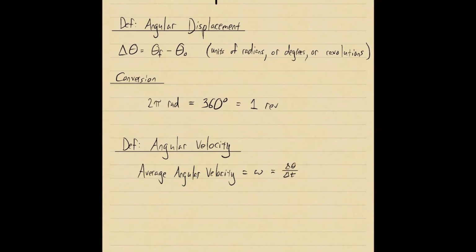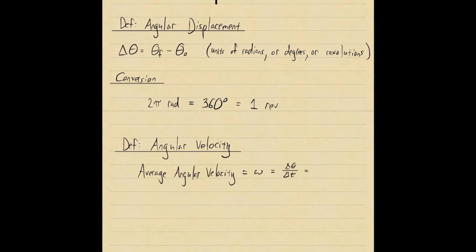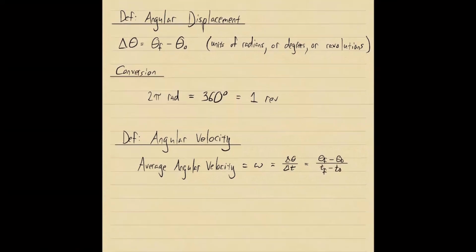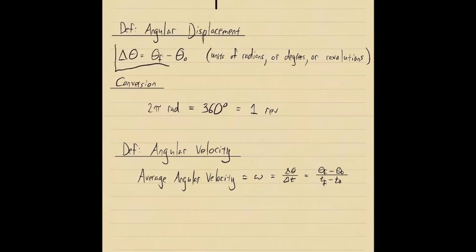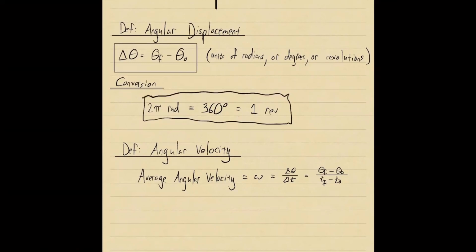So basically, how much this thing rotated divided by how long it took to rotate around its axis of rotation. So this is equal to our final angle minus our initial angle, all divided by our final time minus our initial time. Let me box these off, important concepts.